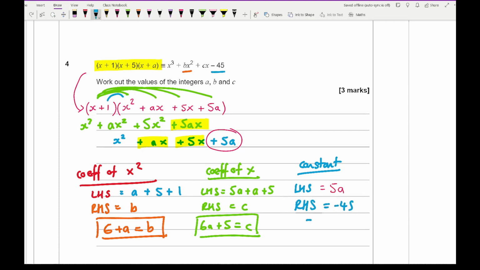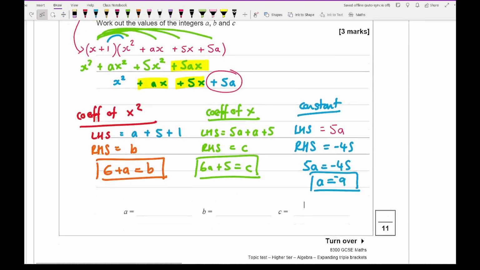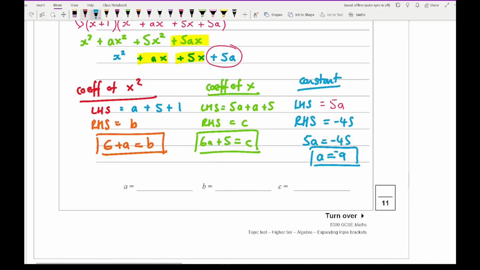So that means that 5a equals minus 45, so a equals minus 9. So then from this, I can work out what the others are going to be. So going back to this here, I know that I've got 6 plus minus 9 equals b, so b equals minus 3.